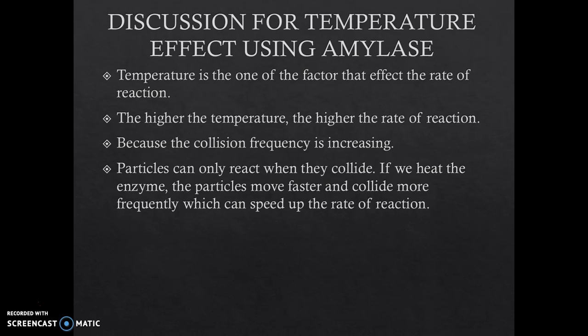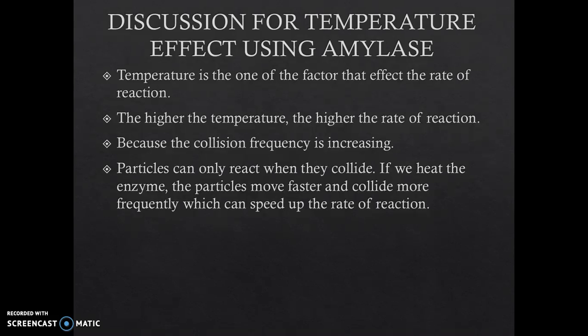Discussion for the temperature effect using amylase. Temperature is one of the factors that affect the rate of reaction. The higher the temperature, the higher the rate of reaction, because the collision frequency is increasing. Particles can only react when they collide.